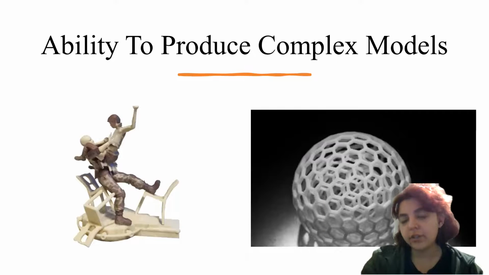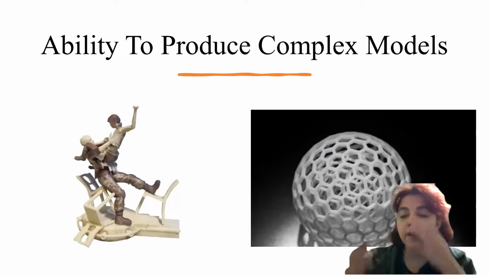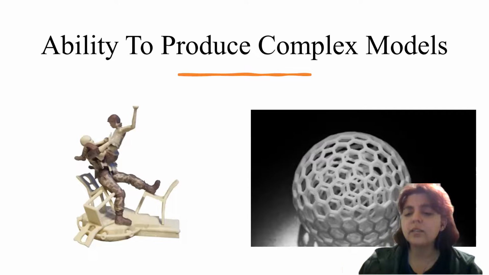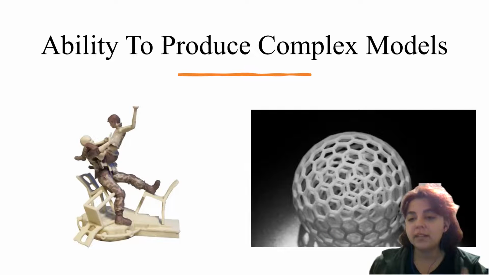Another advantage of 3D printing is its ability to produce complex models. Subtractive methods cannot produce these types of complex models. They can only produce shapes from, like, a Tetris game, simple, very basic shapes.